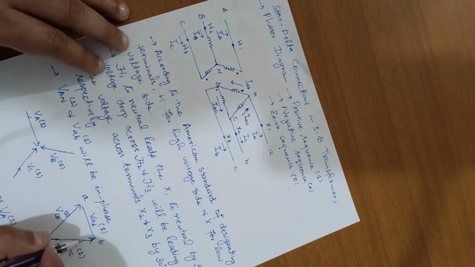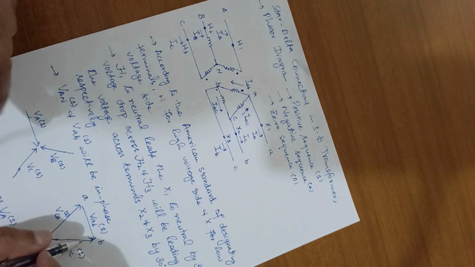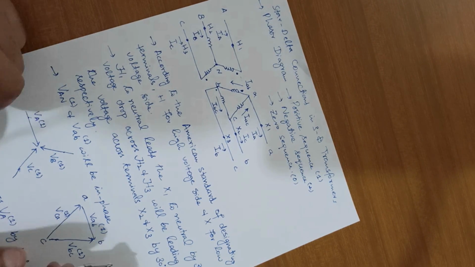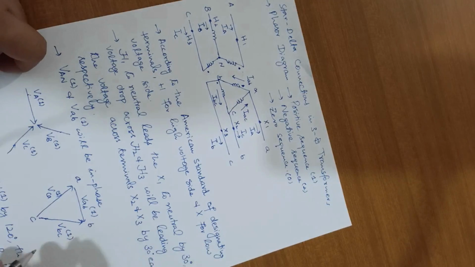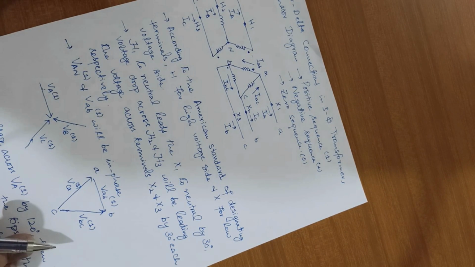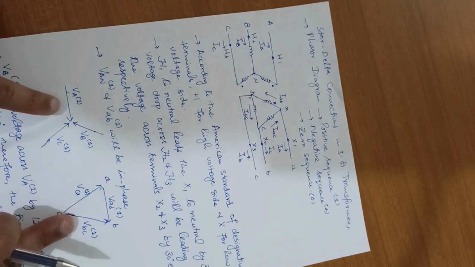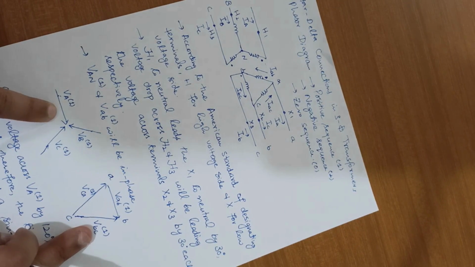Because we have a delta connection on the secondary side, right? In a delta connection we always prefer line voltages, so first of all, line voltages are drawn. In Y connection we always prefer line to neutral voltages.